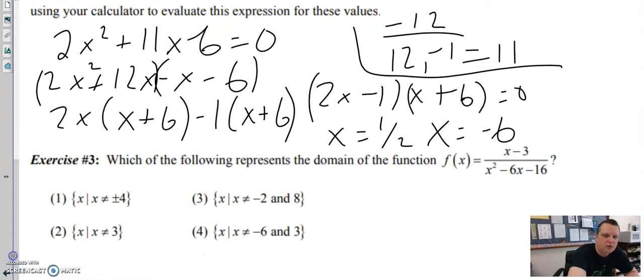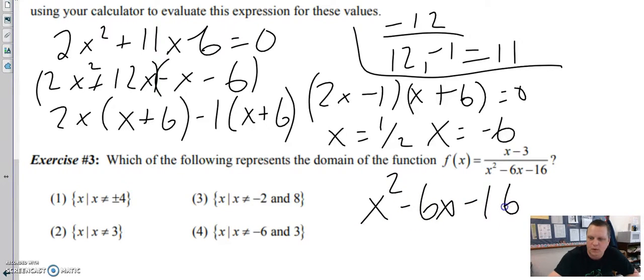Now the last one here, which of the following represents the domain of the function? So that means that we have to set x squared minus 6x minus 16 equal to 0, because that's where it is undefined.